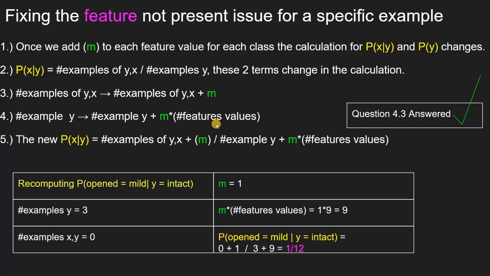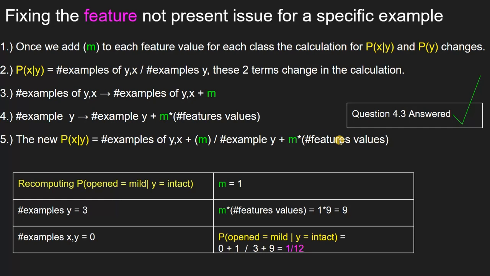Because each feature value adds an example of class y, and we add m examples, so m times the number of feature values is the additional number of examples where we have class y, right? And so now the new probability of x given y is equal to the number of examples of y and x from the previous data set plus m, divided by the number of examples of y from the previous data set plus m times the number of feature values, right?